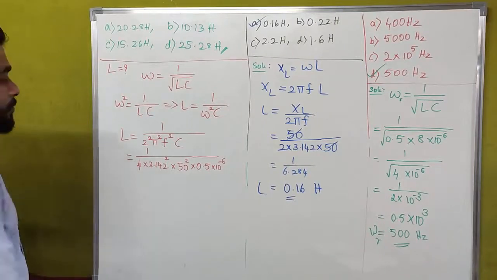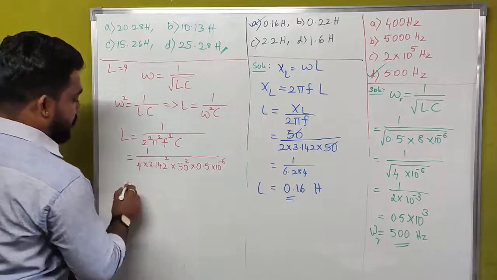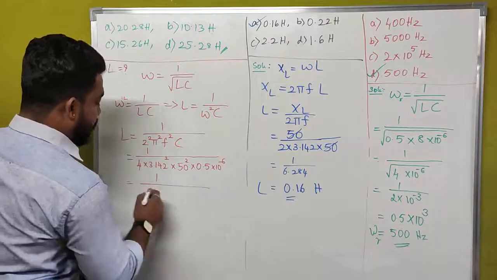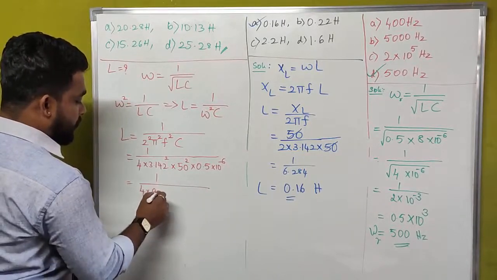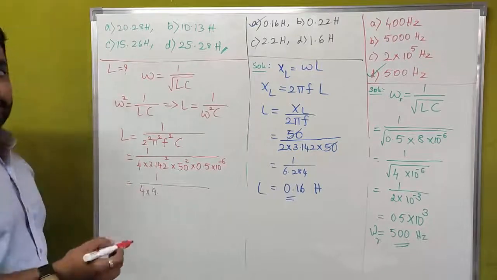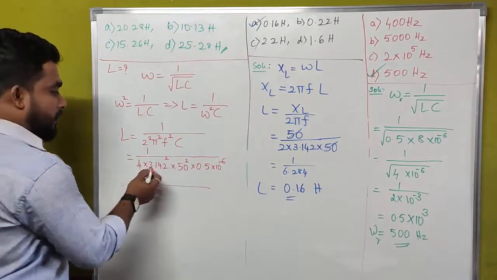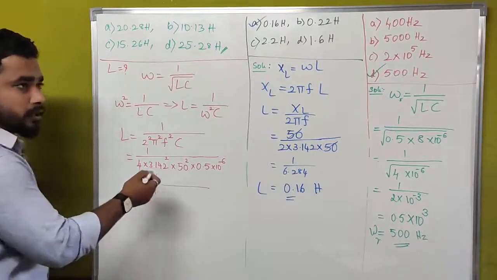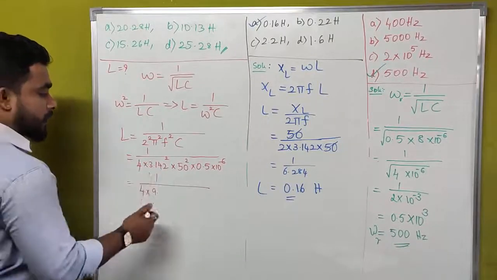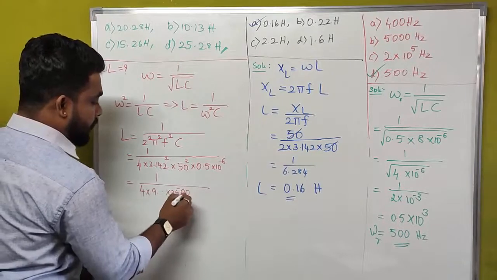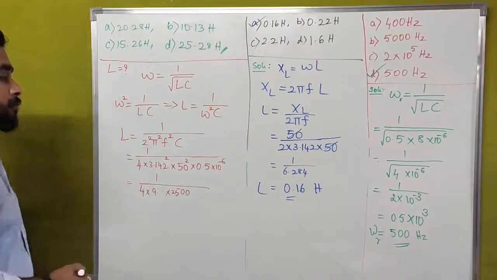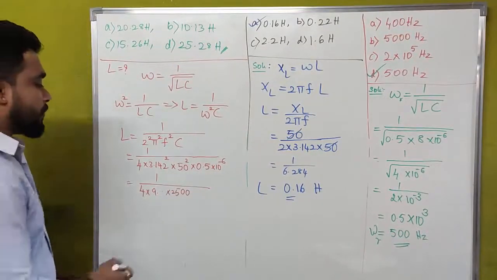If we simplify all these things, that is 1 divided by 4 into 9 point something, 3 into 3 is 9, it will come like 9.8 or so, 50 square is equal to 2500, into 0.5 into 10 to the power of minus 6.